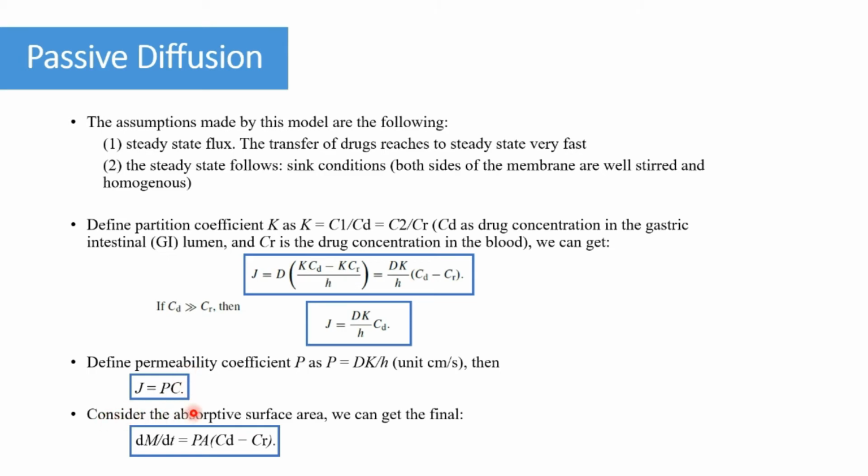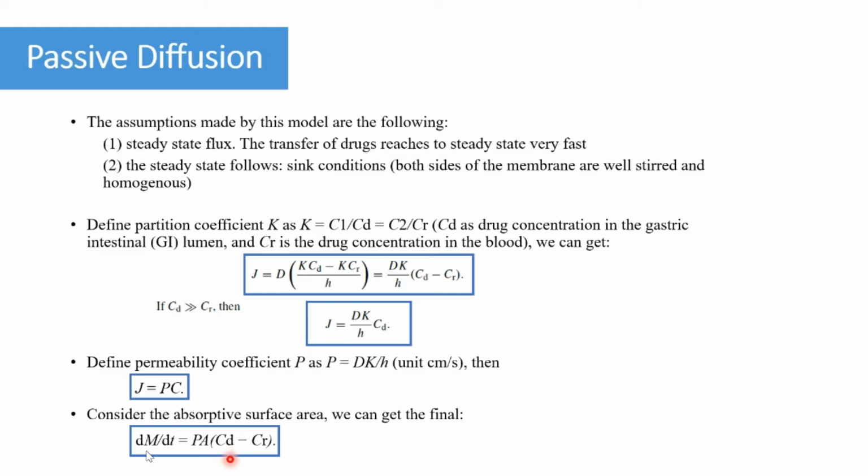And considering the absorptive surface area, we can get the final equation for J. dm per dt is equal to J, or the flux. So the flux is equal to permeability multiplied by A, where A is the surface area of the membrane, multiplied by CD minus CR.